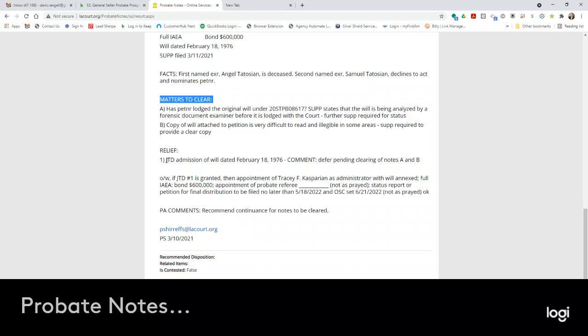In this case, the relief, number one, is judge to determine admission of will. So in this case, they have a copy of a will. They're trying to determine whether the will is appropriate to be admitted. If there's a will, then you have that instruction that the executor has to execute on.